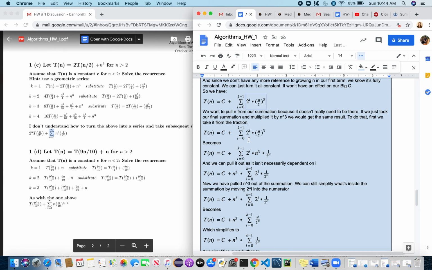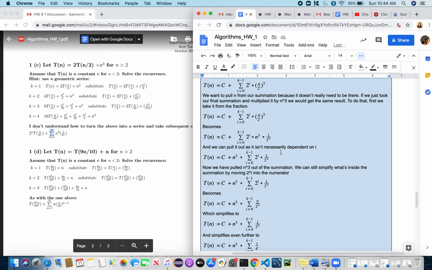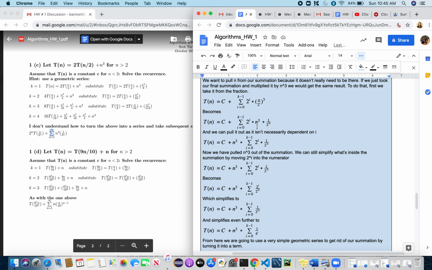We're going to break up this fraction right here. And we do that with exponents: this is n to the third over 2 to the 3i, really. So once we know that, we can just pull it out. So it's 2 to the i times n to the third times 1 over 2 to the 3i.